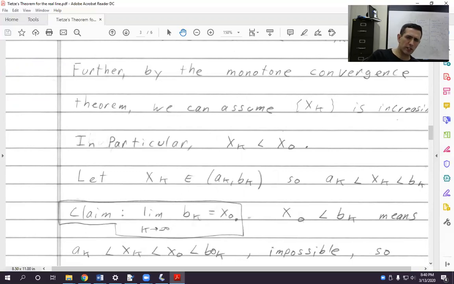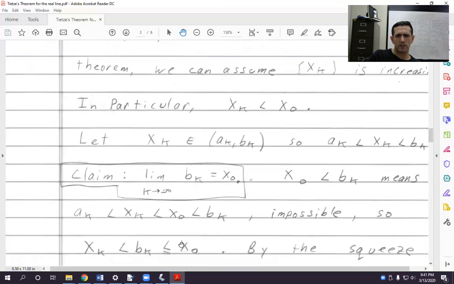That's a contradiction because clearly this interval is a subset of F complement, since F complement is the union of all these intervals. And this is saying x0 is in this interval, between ak and bk, so x0 is in F complement. Again, we're in the case x0 is in F, so this is impossible. So that means simply that bk is less than or equal to x0.